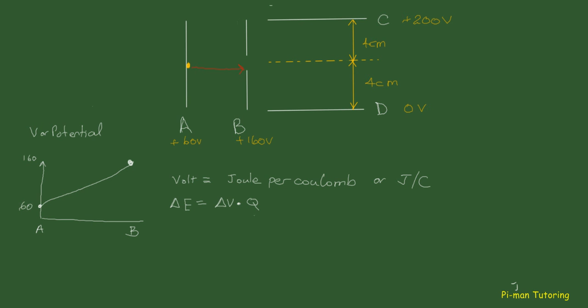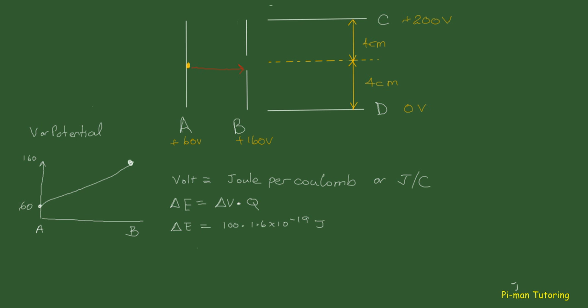Here we have an electron that we are moving from plate A to plate B, and so the change in energy of that electron as we move from plate A to plate B is the voltage difference between A and B, which we know is 100 volts, times the charge on the electron, 1.6 times 10 to the minus 19 coulombs.